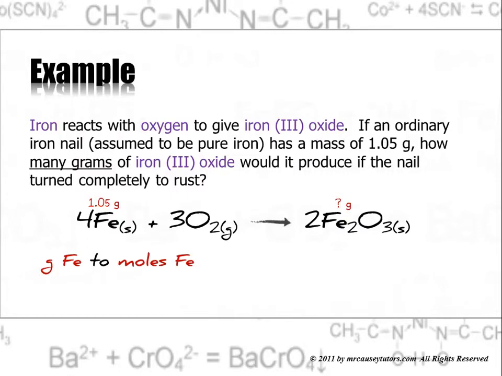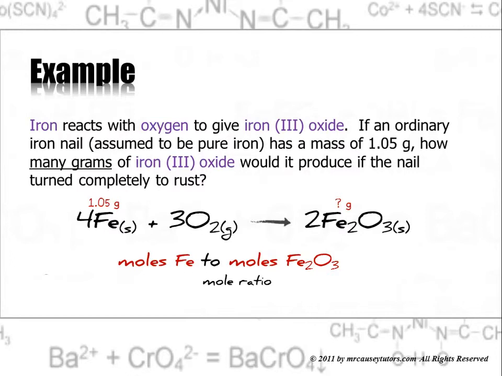First thing I'll do is take the grams of iron and change it to moles of iron. And I'll do that with the molar mass. I can get that right off the periodic table. Then I'm going to take moles of iron and change it to moles of iron 3 oxide. Now that's kind of where the magic is. And I'm going to use the mole ratio for that.